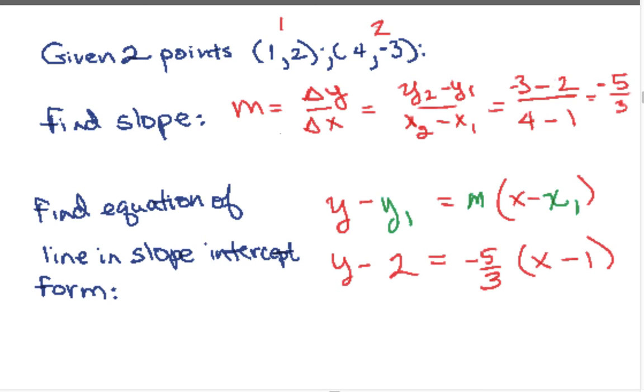So here we have an expression with a fraction. I don't like fractions when dealing with my calculations, so if at all possible, I like to avoid them. So what you can do is if you multiply both sides by 3, it eliminates the fraction.